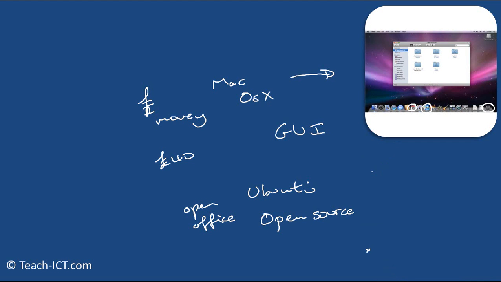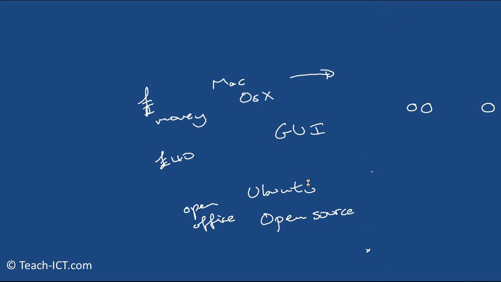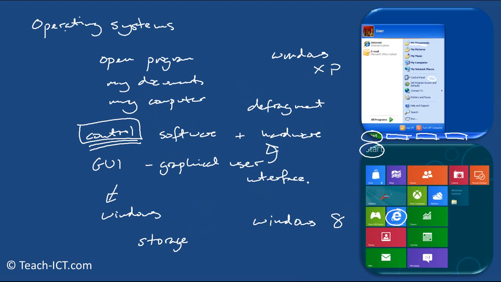The Macs have got their OS X or Snow Leopard, I don't know what the latest version is, and then we go back to Windows. And you can see we're moving up to Windows 8 now. But there we go, operating systems. You control the software, the hardware, and where documents are basically stored.